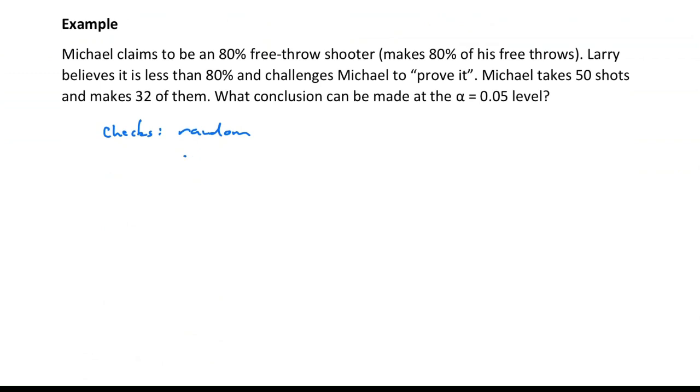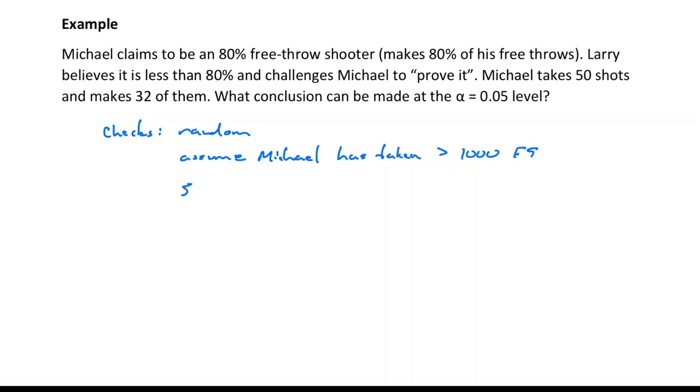So assuming that Michael has taken more than 1,000 free throws, and that would be anywhere, right? Now, the fact that we know his free throw shooting percentage, maybe he's a pro, college, something like that. He's probably taken a lot of free throws. We're going to assume that that's true.